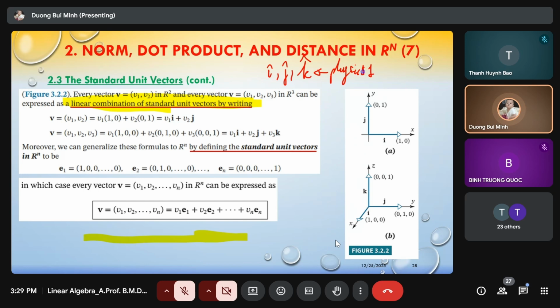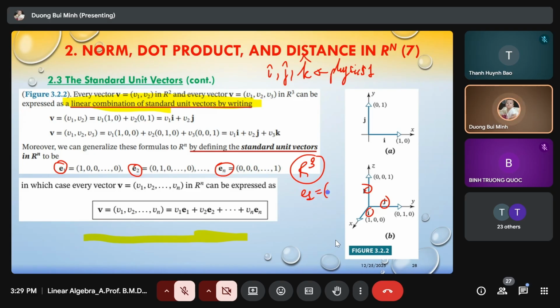But for linear algebra, we just say i, j, k. Or sometimes we can use e1, e2, e3, up to en. It depends on how many dimensions. So if we have R3, we have 3 standard unit vectors.